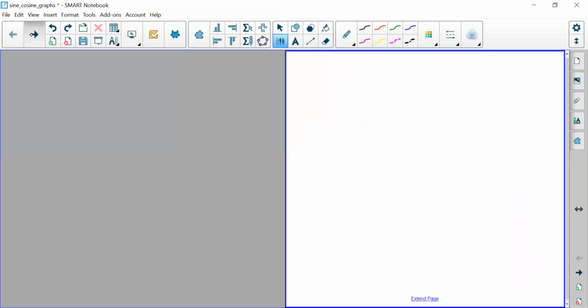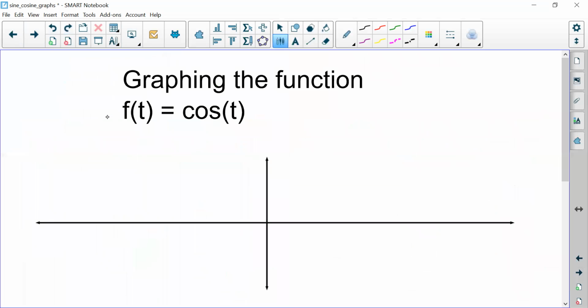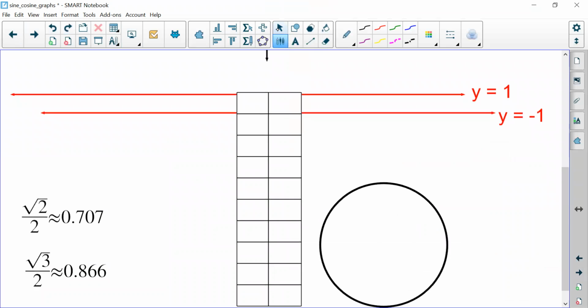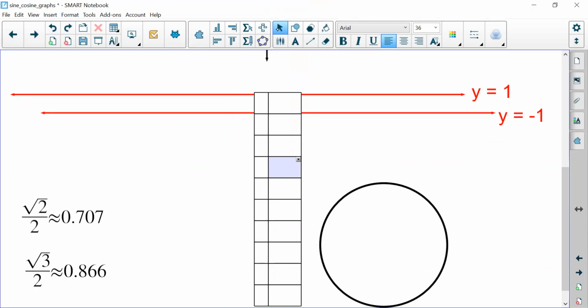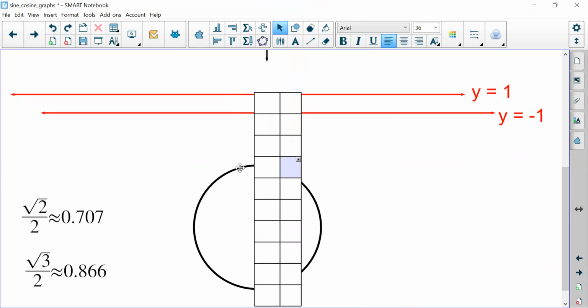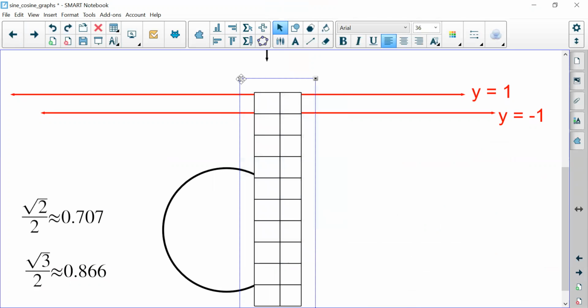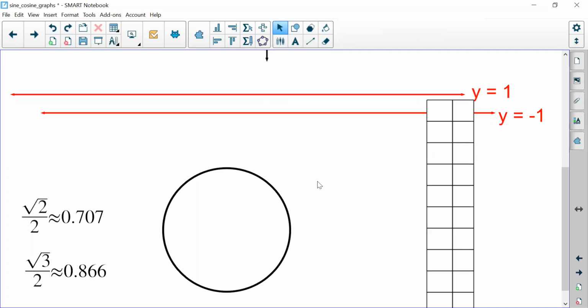And then cosine, very quickly. Cosine, lots of similar arguments. Cosine is still a function, and cosine is going to produce the x values.